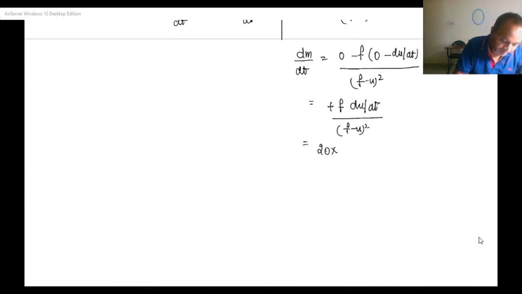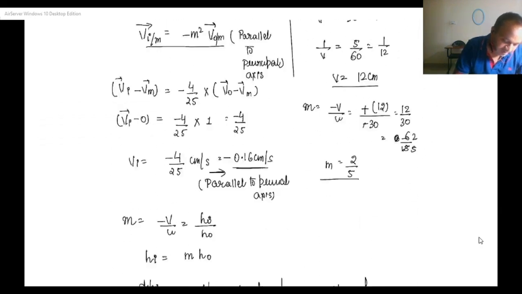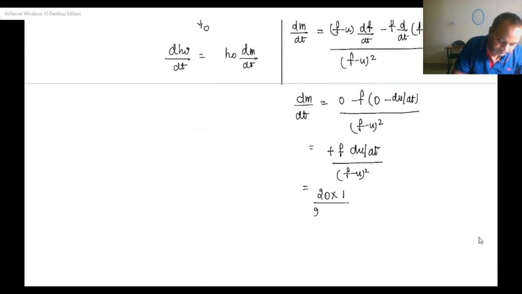So 1 divided by (f minus u) whole square, where f is 20 and u is minus 30, so 20 plus 30 whole square. So this is 20 divided by 50 square, that is 2500. So this cancels, and this is 1 divided by 125, this is the magnification.